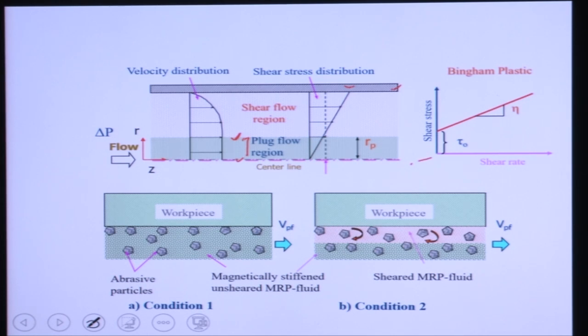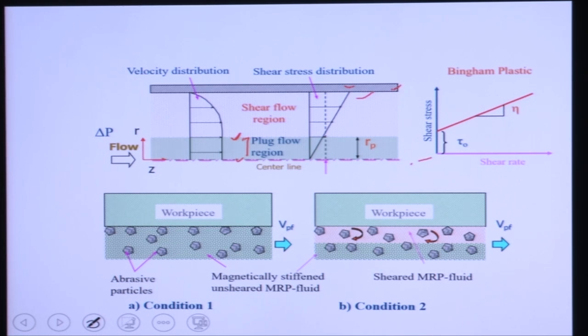The MR fluid is flowing like a solid core without breaking. Why is it happening? If you plot the shear stress, it is maximum at the wall and comes to 0 at the center.